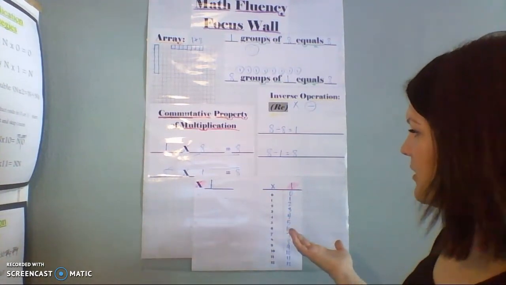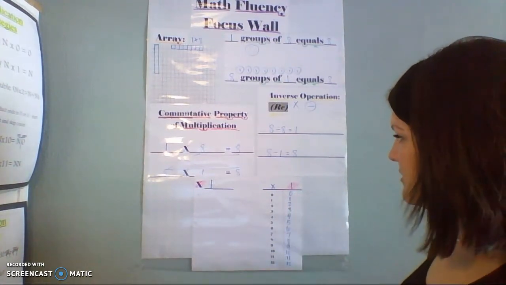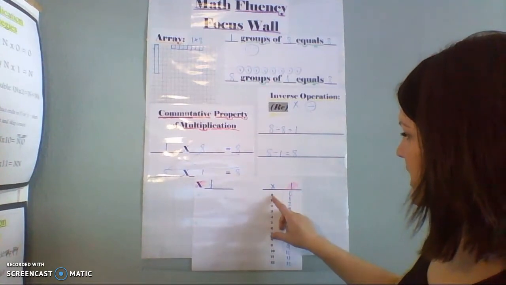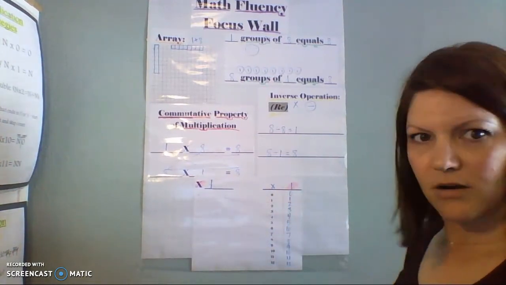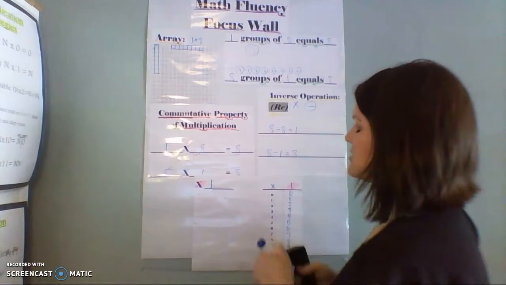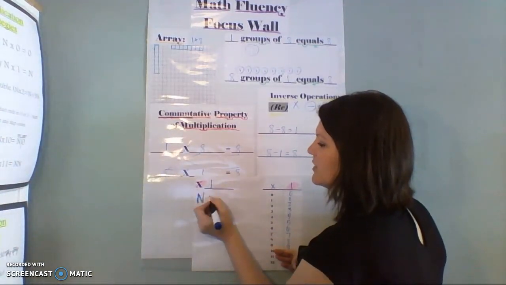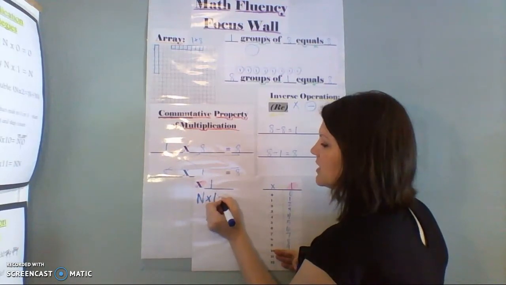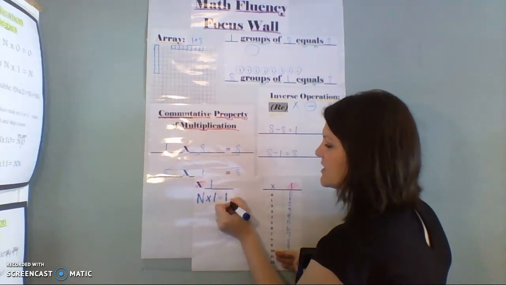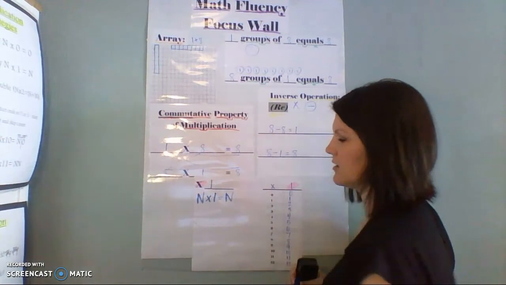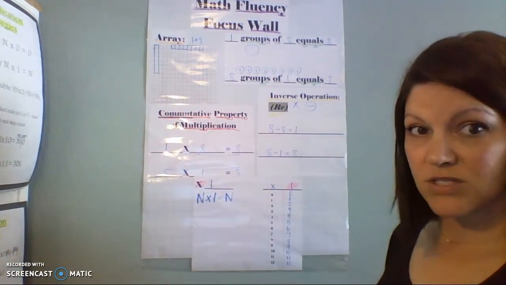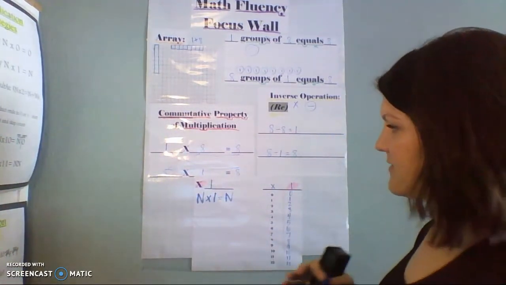Well, any number times 1 equals that number. Do you guys see that? So that's what my strategy is going to be for multiplying times 1. Any number times 1 equals that same number. We could also use the commutative property to show the opposite of that.